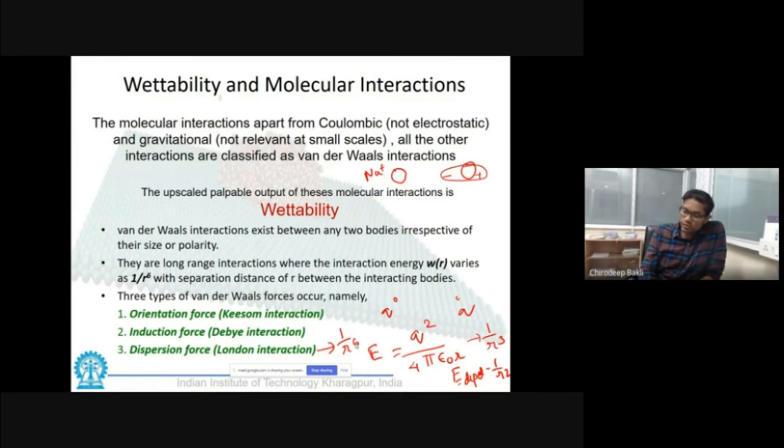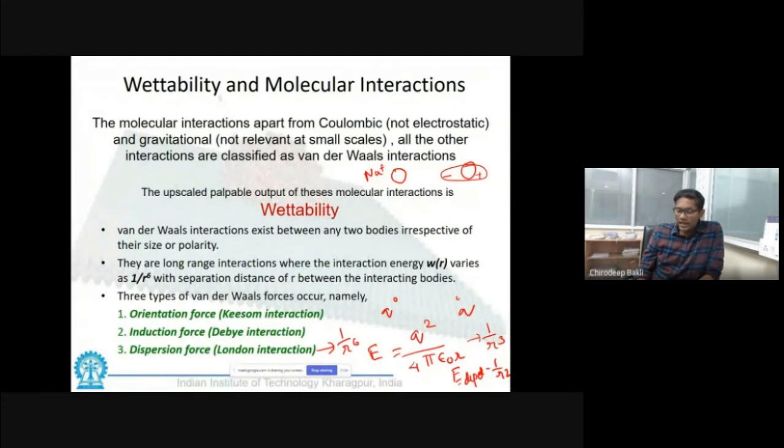Okay, so actually I would share the presentation with you. Each of these forces has been derived here. So we know that if I am to model the pair potential, I have to model the attractive forces as a function of 1 by r to the power 6.